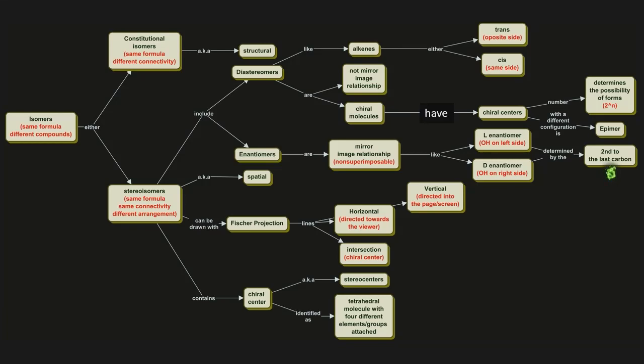So these are examples of L enantiomers. Now, how can one identify whether it's a D or an L enantiomer? To find this out, one simply has to look at the second to the last chiral carbon, where the group is attached. From there, you can determine whether it is L or D, depending on whether it is on the right or on the left.